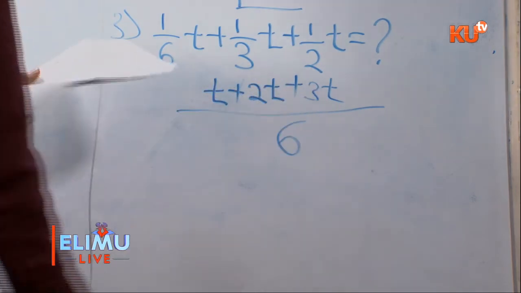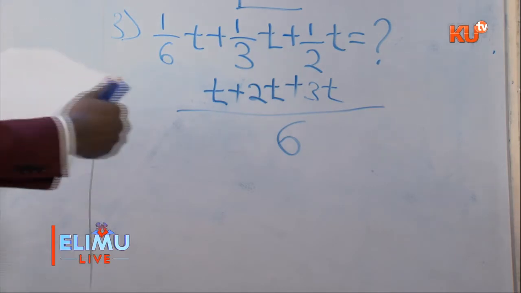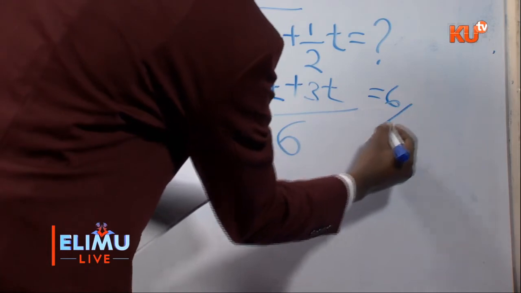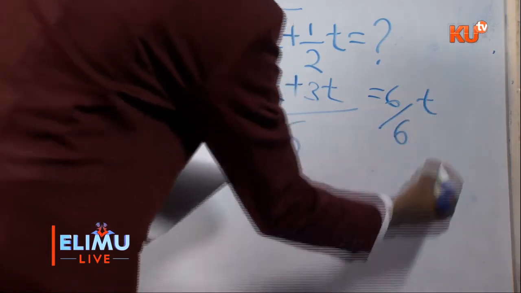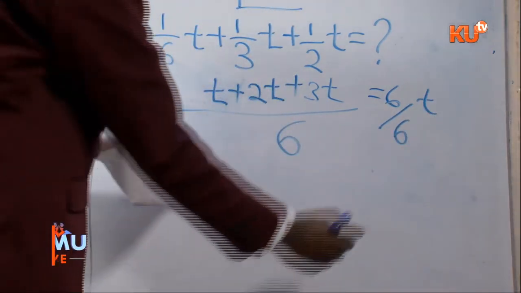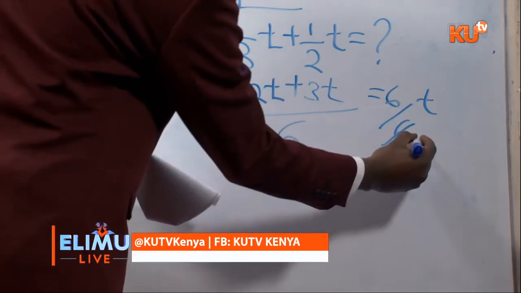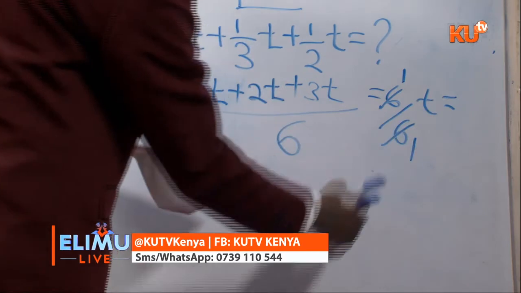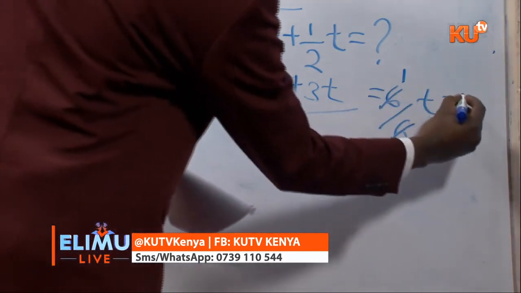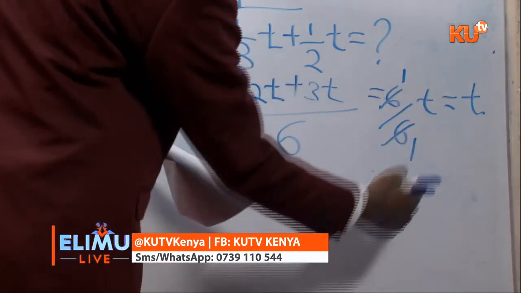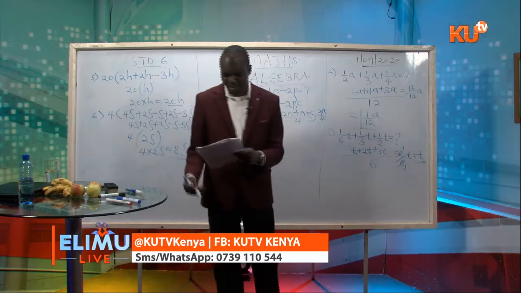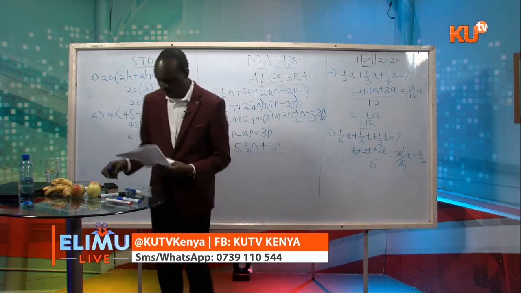Plus 3, we get 6. So here we have 6 all over 6t. Here we simplify. 6 divided by 6, we get 1. So our answer here becomes t. T represents 1 whole number. Is it okay? Okay.